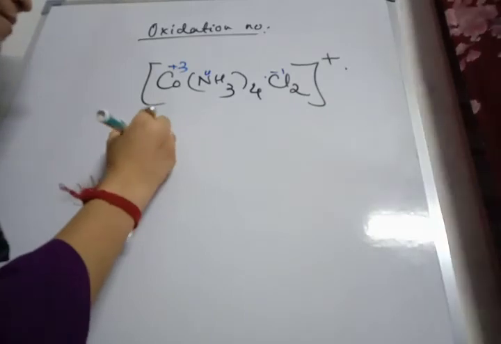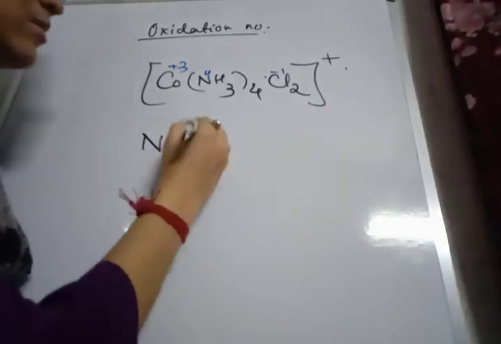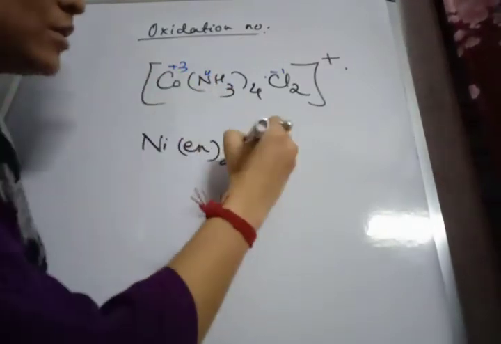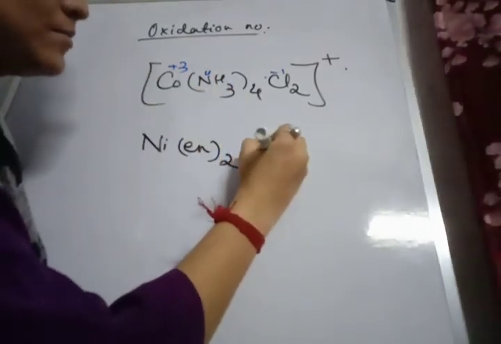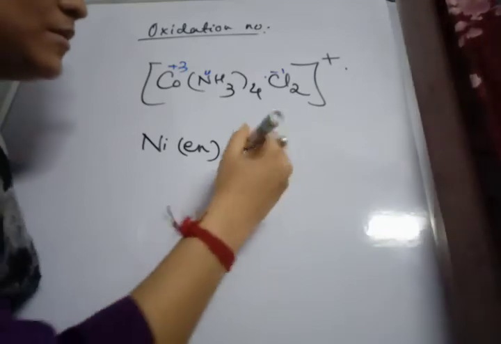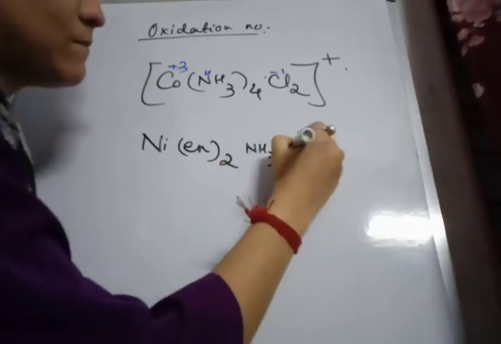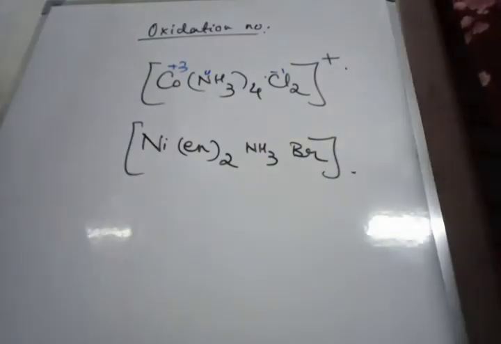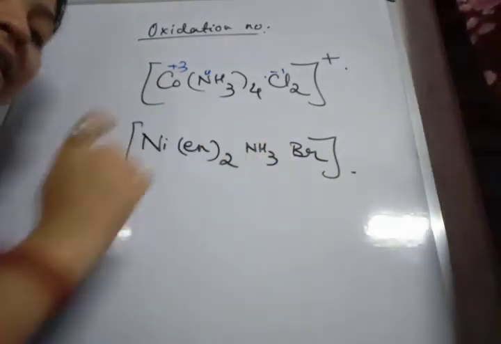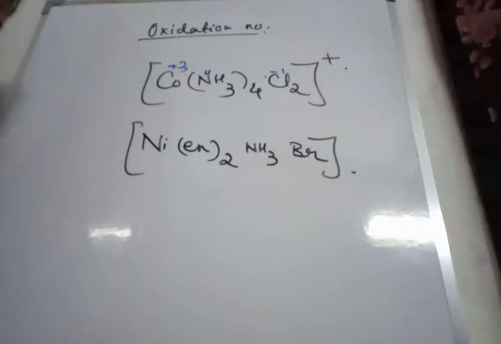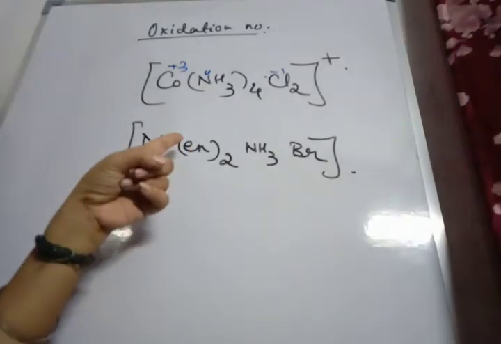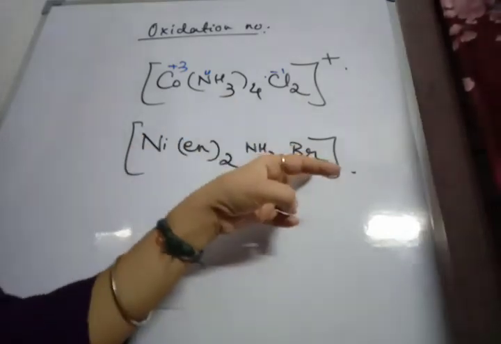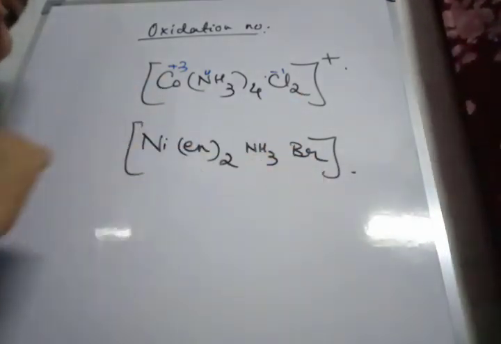Okay, next we have this one. Now here I am having monodentate ligand also, I am having bidentate ligand also. Basically this is ethylenediamine, starts with E, this is ammine, starts with A, and this is bromo, starts with B. So alphabetically I have to name.